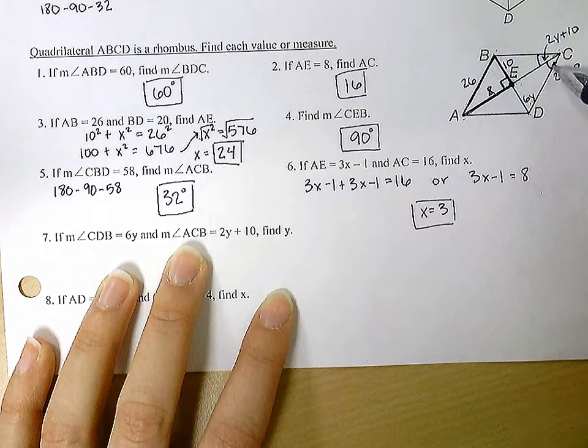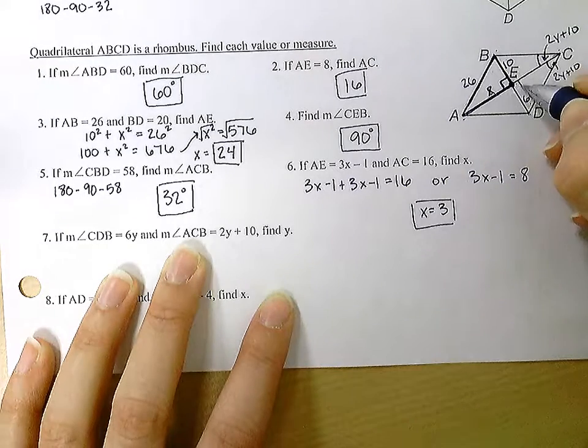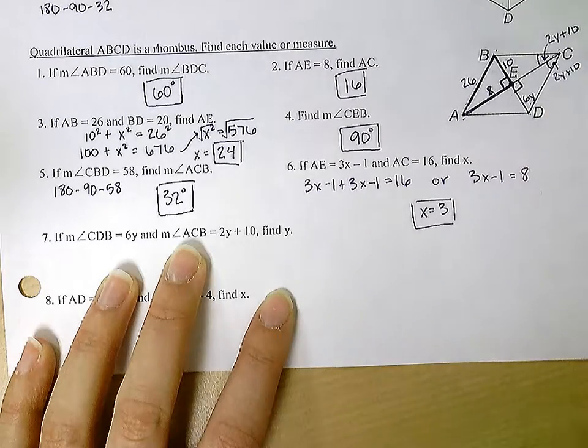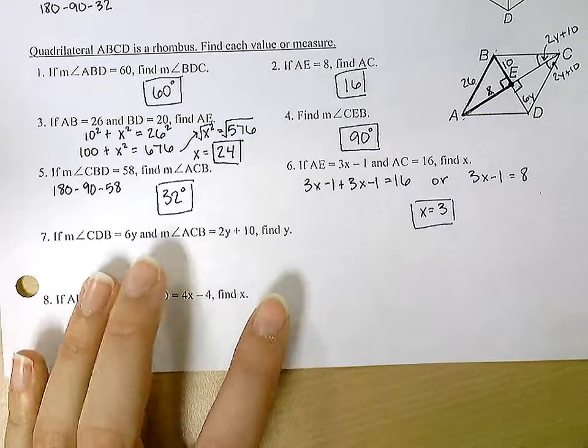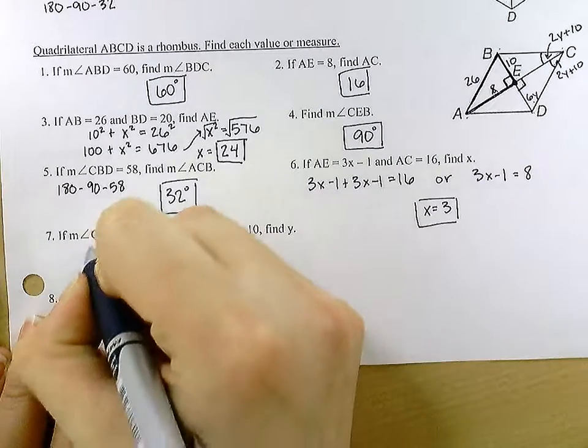Well, I have these two angles within this triangle here. What's this third angle? 90. Now I have all 3 angles within a triangle. All 3 of those angles have to add to what? 180. So I can add all 3.